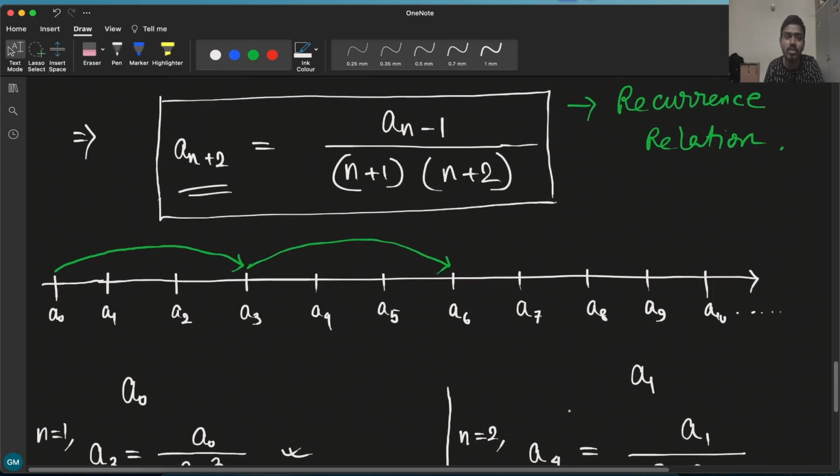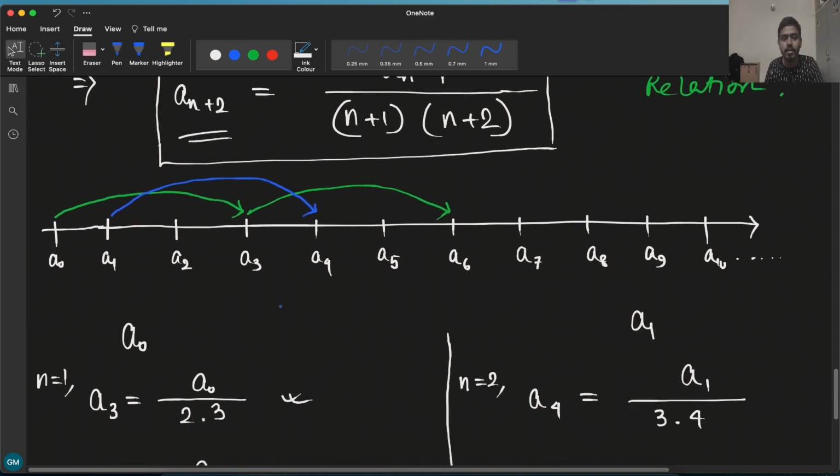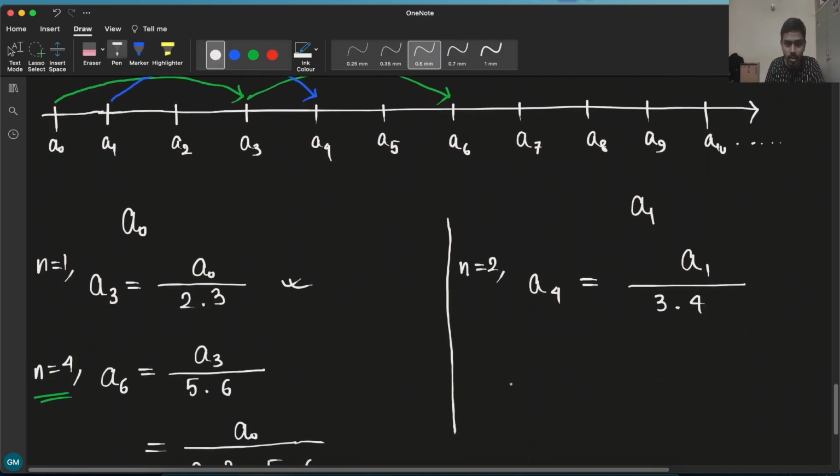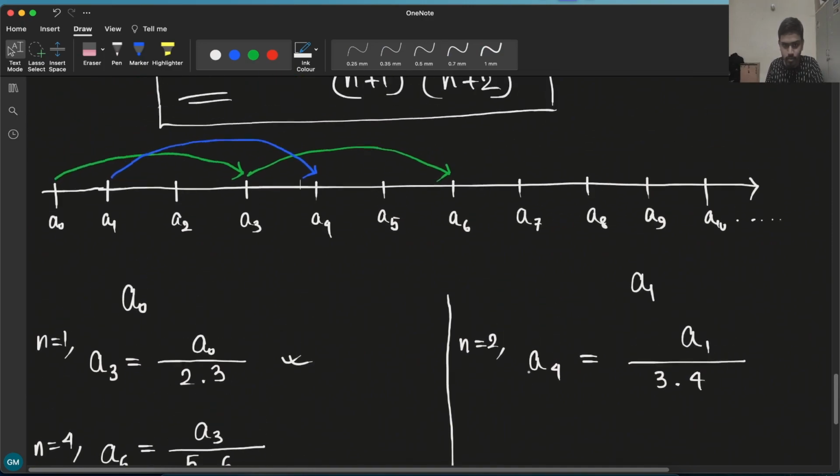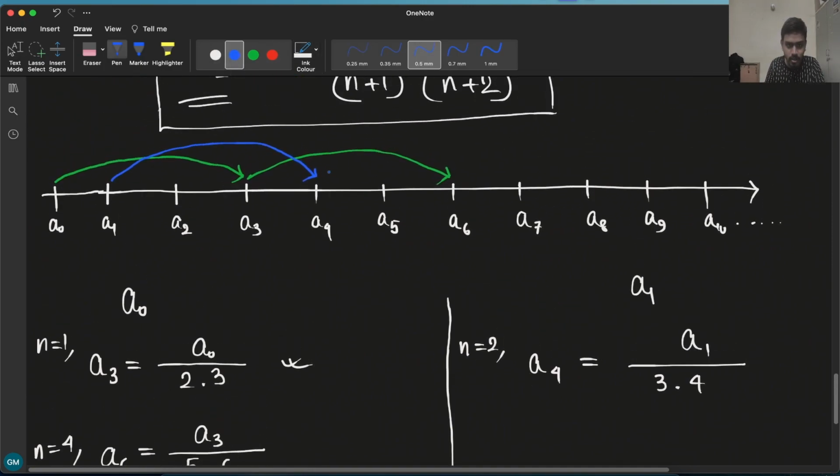That's the job of the recurrence relation. Similarly, if I know A4, then we can find A7.